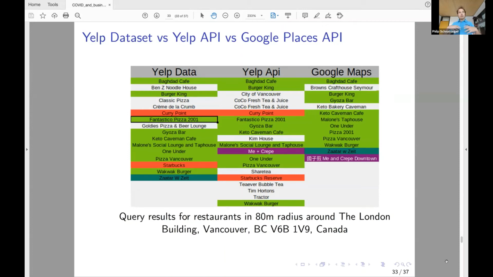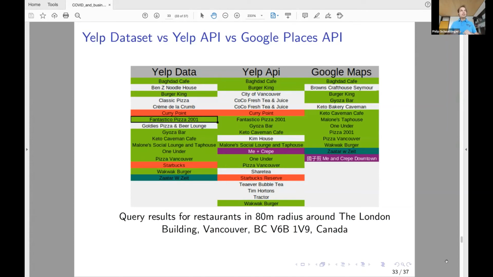Yelp, both in the API and in the machine learning data set, usually provided more businesses in the area, but the ones that it provided extra usually didn't exist, which shows that this data set is not kept clean in the same way. Okay, so overall, the Google dataset seems to be much more useful for our purposes.